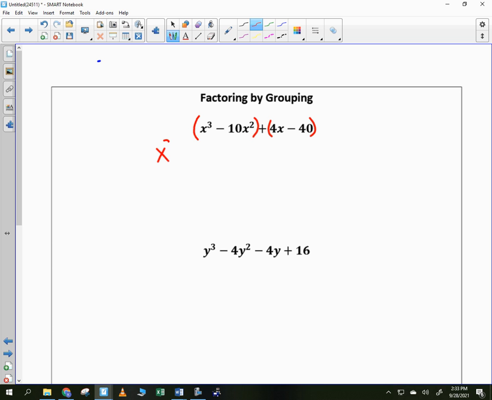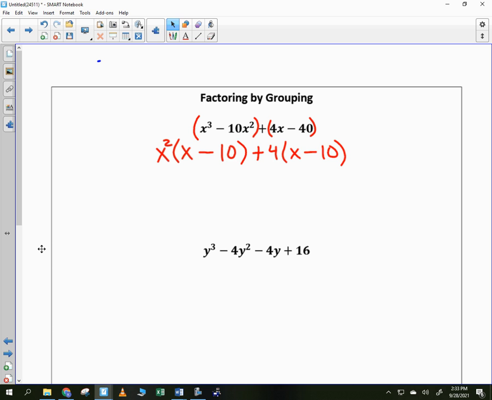Take out the x squared, and what are you left with? x minus 10. Look at my second set. What can you take out of 4x and negative 40? We take out 4, and you're left with x minus 10. That's good news that I have x minus 10 in both situations.